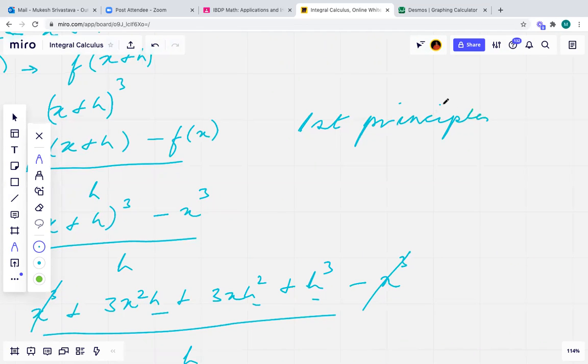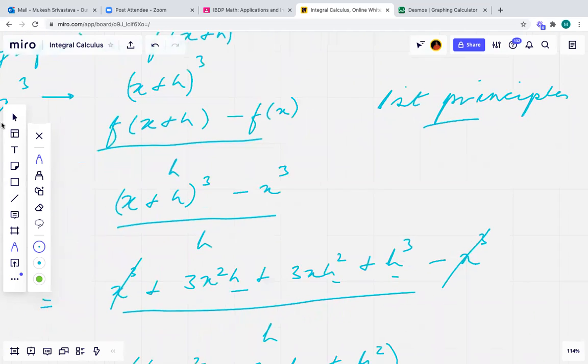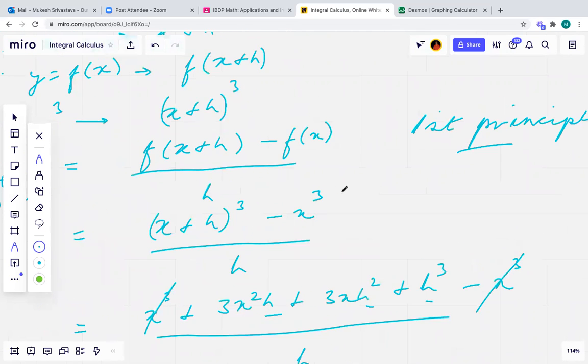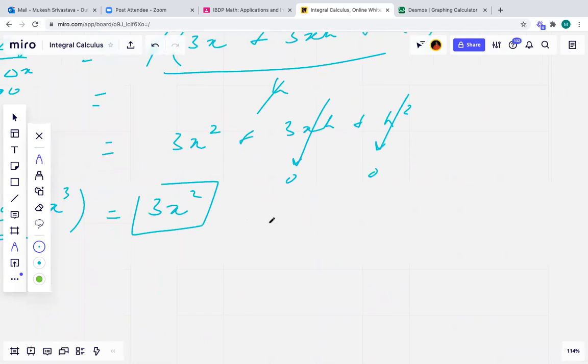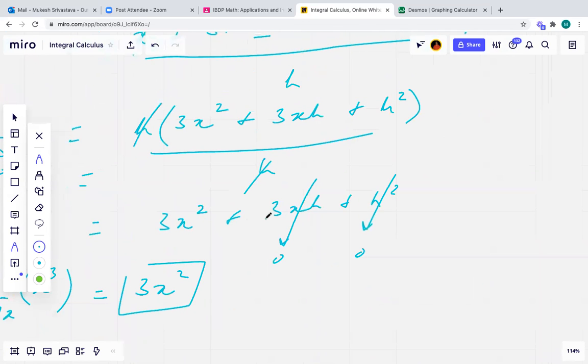We've got all this from first principles, so we have the derivative of sine x and all that.